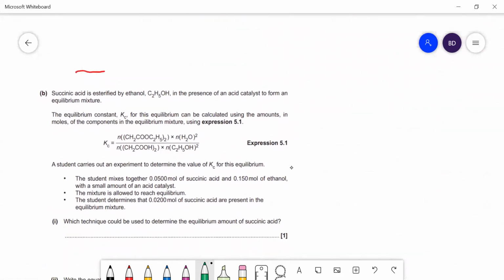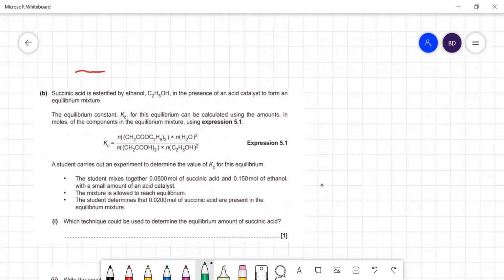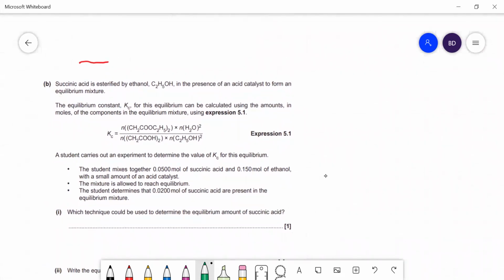Okay, succinic acid is esterified with ethanol in the presence of an acid catalyst. So if you think how that is going to work, succinic acid is butanedioic acid. So you have got that there.